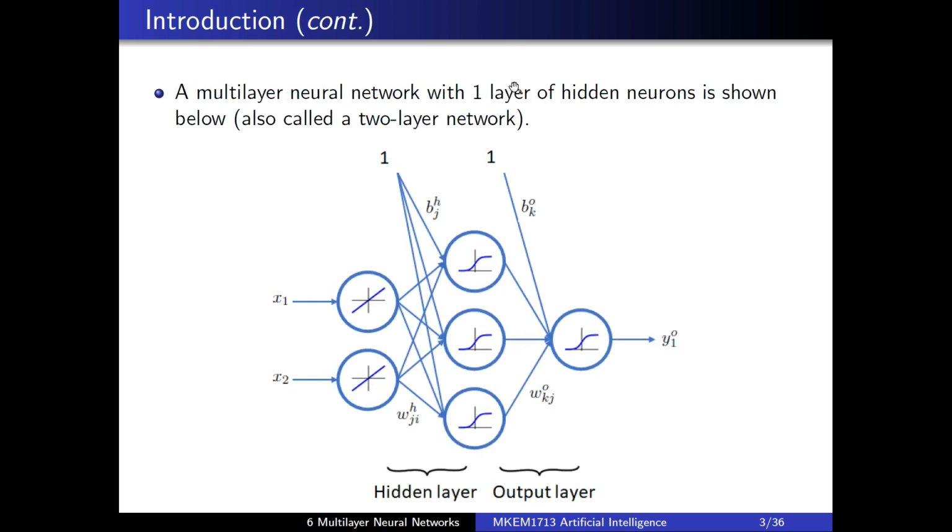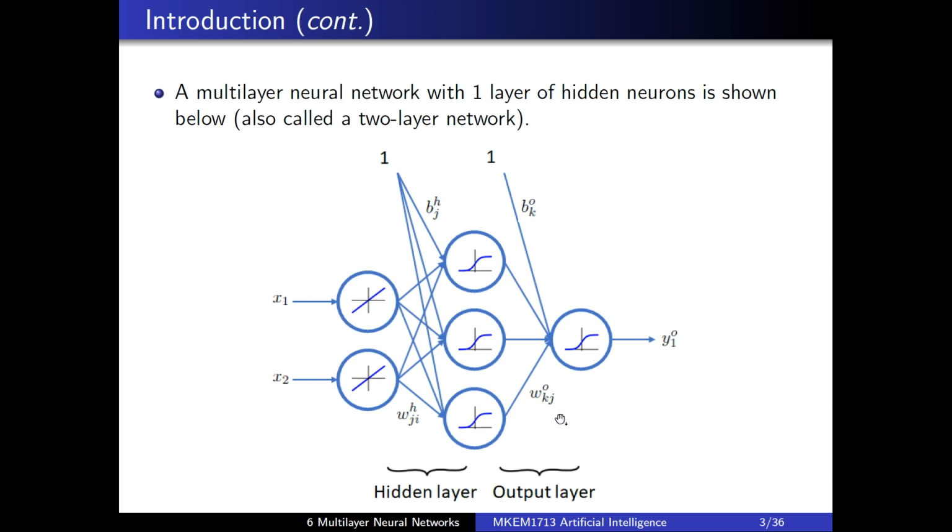A multilayer neural network with one layer of hidden neurons is shown below. This is also called a two-layer network. It's called two-layer because it has a hidden layer and an output layer. For some reason, the input layer is not counted as a layer. So these are inputs x1 and x2, and we have an output y.